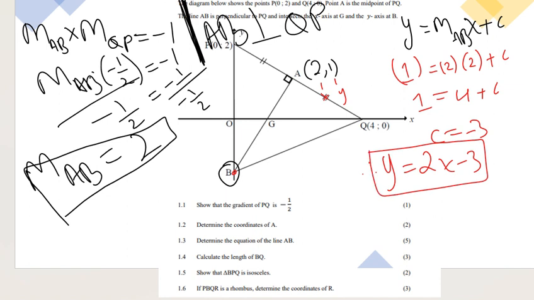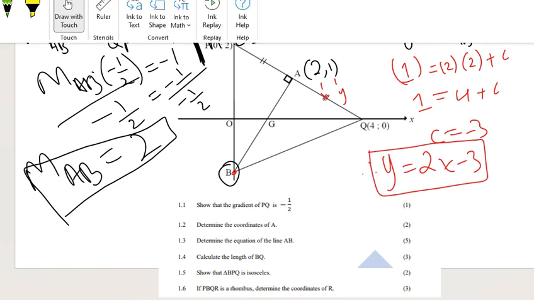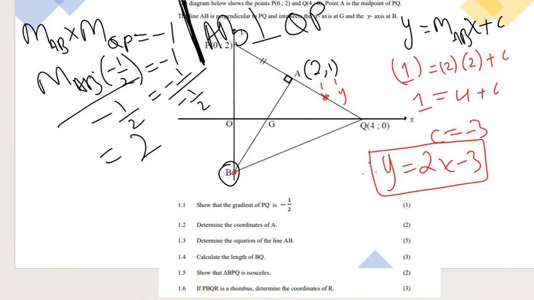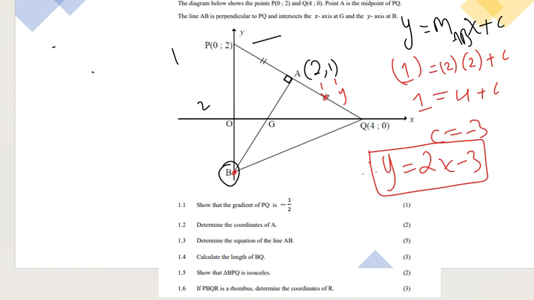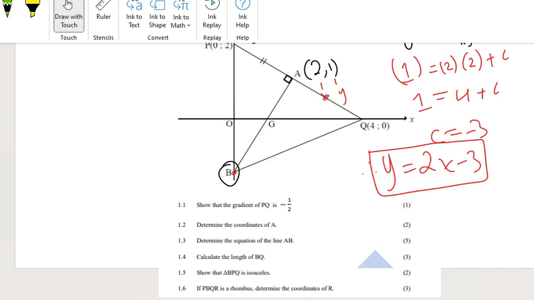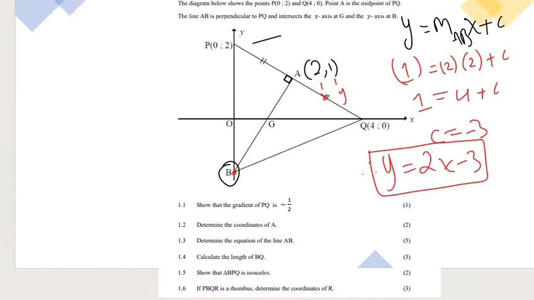I prefer this way of finding the equation of a line, but let me also do the alternative way quickly. I don't really like this way of finding the equation. Y minus y1 is equal to m into x minus x1.